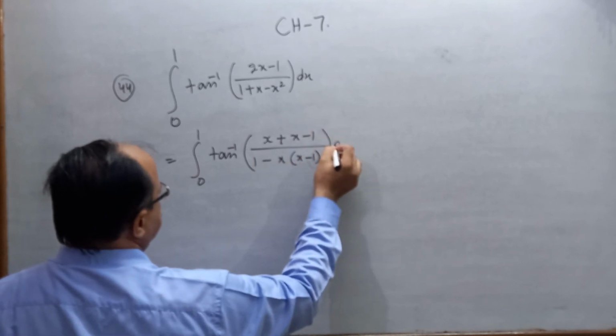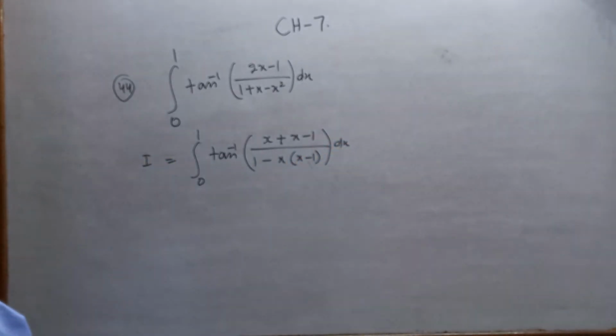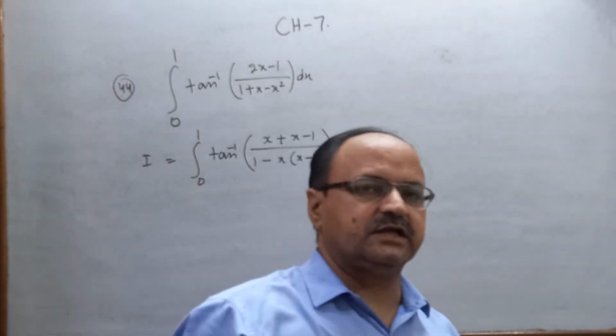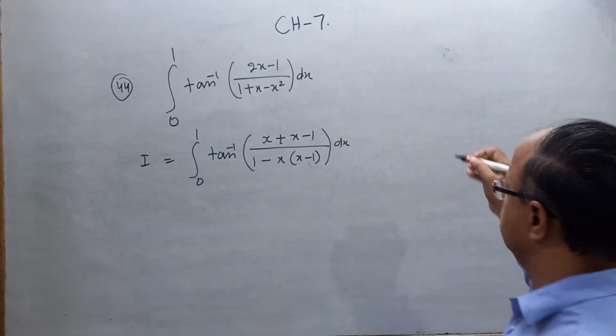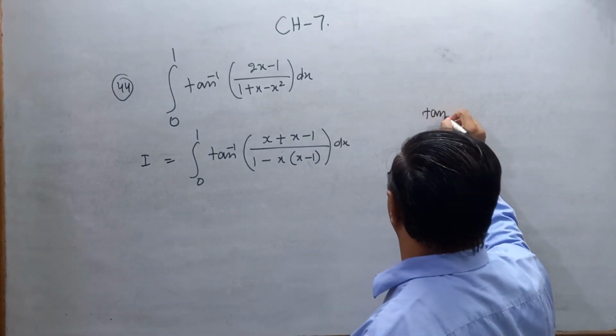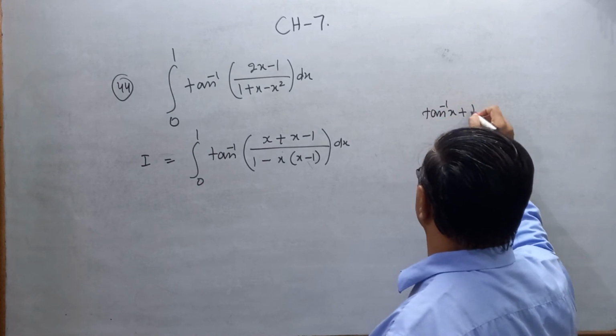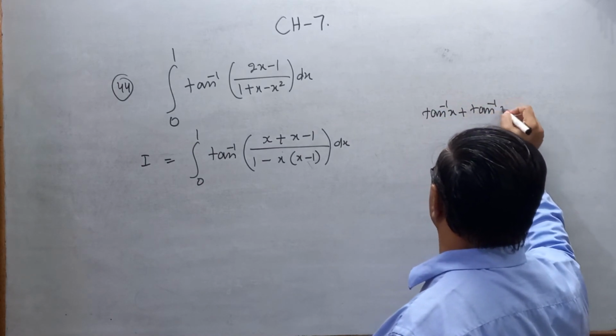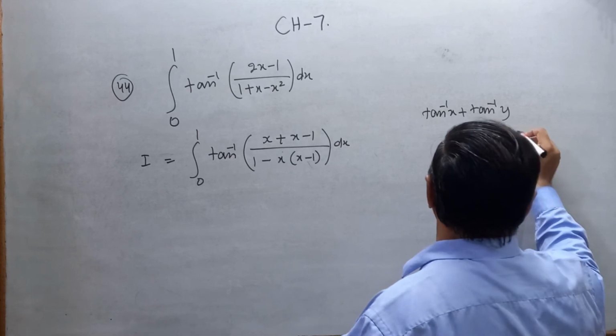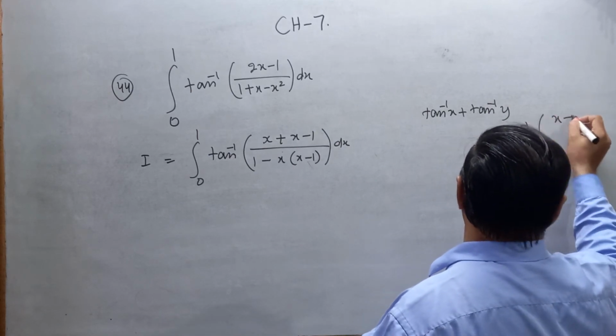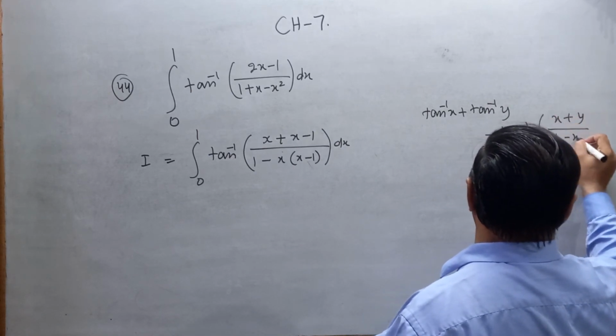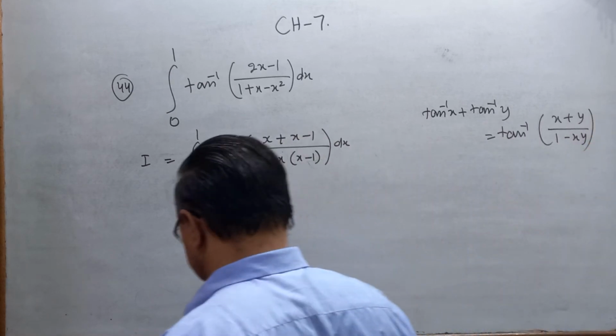Can you write like this? And you know the property of tan inverse x plus tan inverse y from the second chapter: tan inverse x plus tan inverse y is tan inverse of x plus y upon 1 minus xy. Apply this property here.